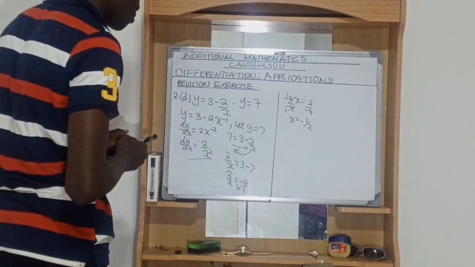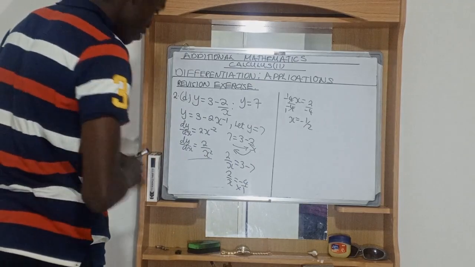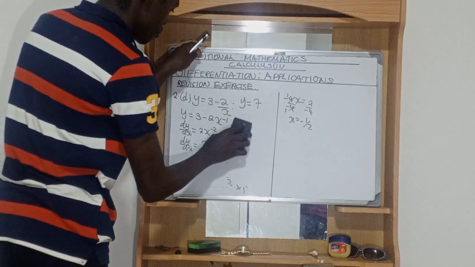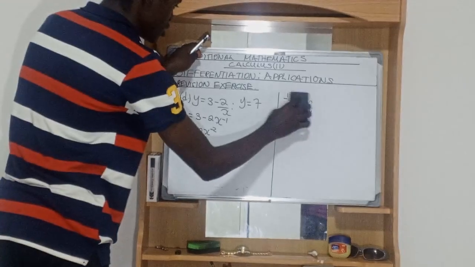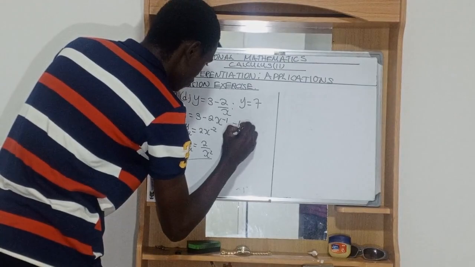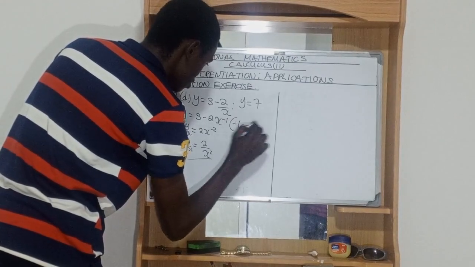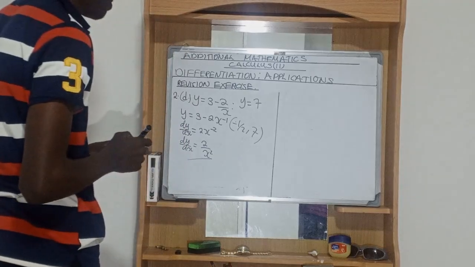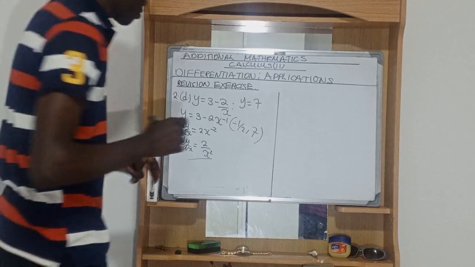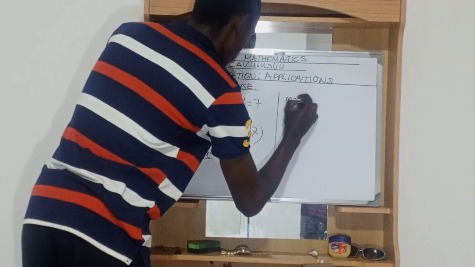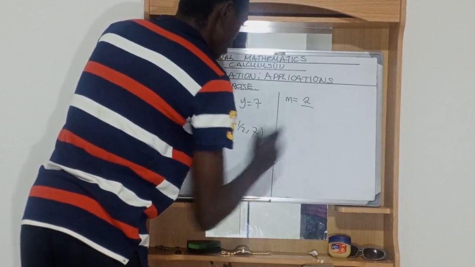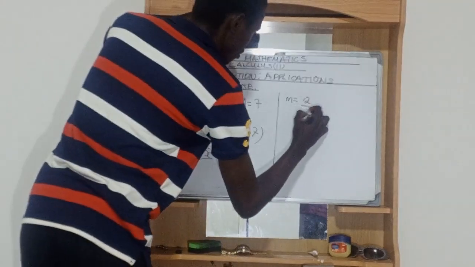Take note. So we can even remove what we have done, but in an exam setting, this is important. So (-1/2, 7) is your coordinate. Then to continue, to find the first gradient, we substitute x is equal to -1/2. m is going to be equal to 2 over x squared.